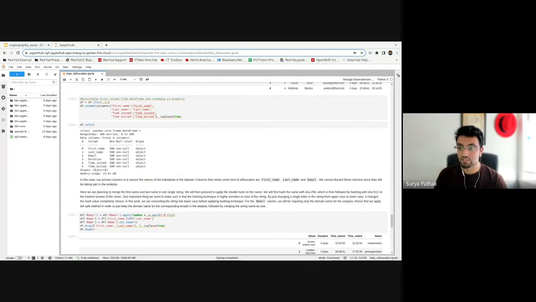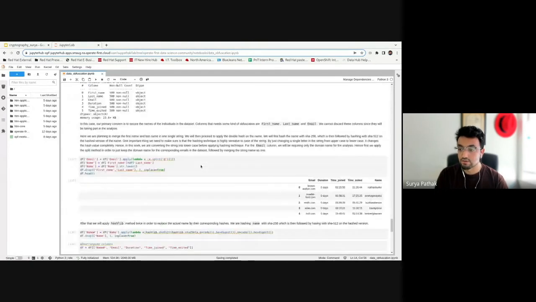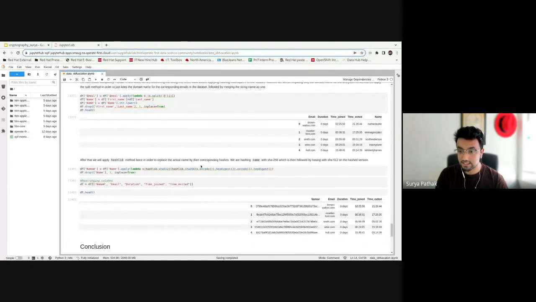Once the obfuscation is done, for these emails, we can delete the names in front and just retain the domain information. So this is how the obfuscation technique is carried out.